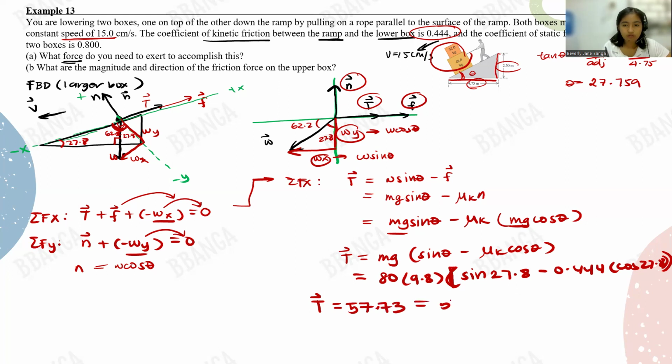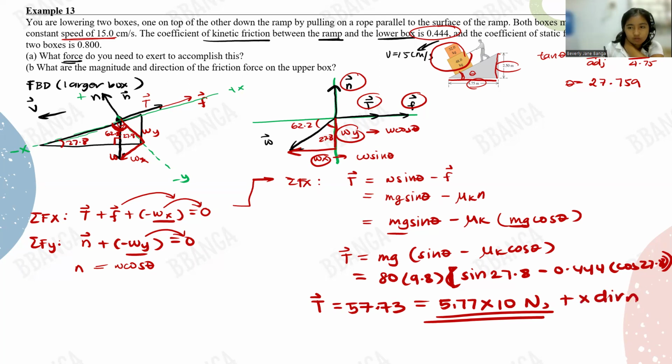Or 5.77 times 10 newtons. So this is to the positive x direction.